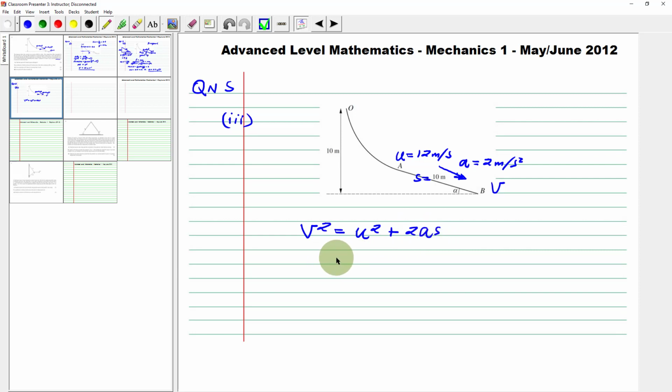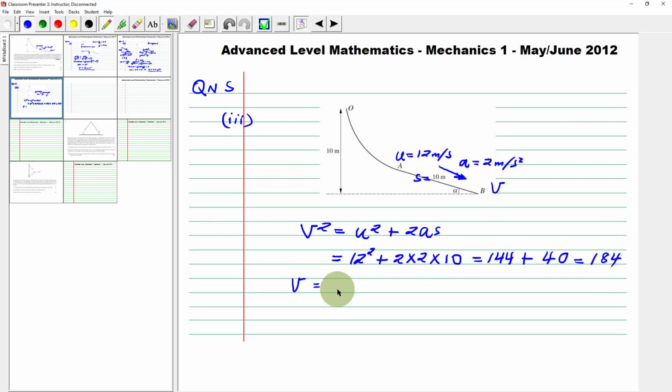v squared equals u squared plus 2as. So v squared equals 12 squared plus 2 times 2 times 10. So it will be 144 plus 40. And this will give us 184.